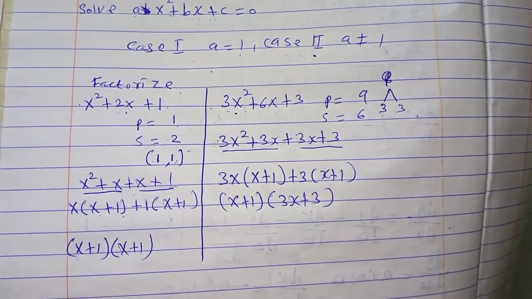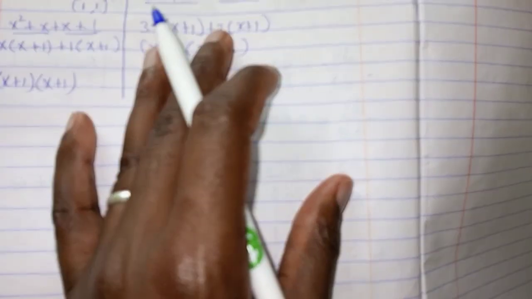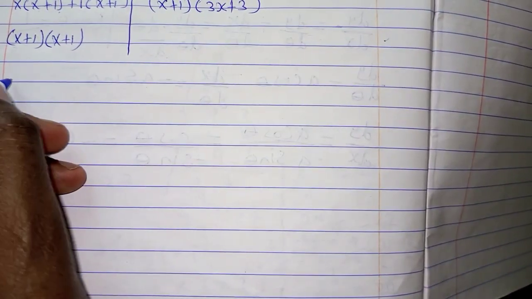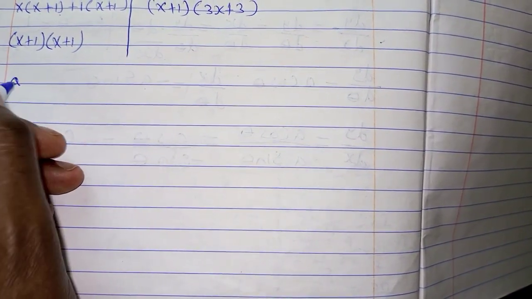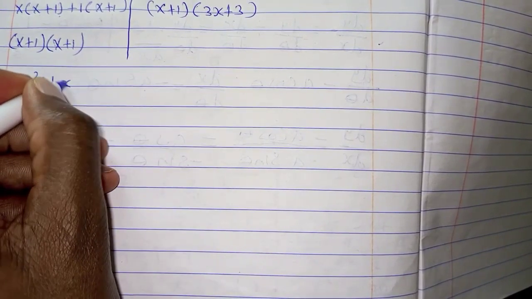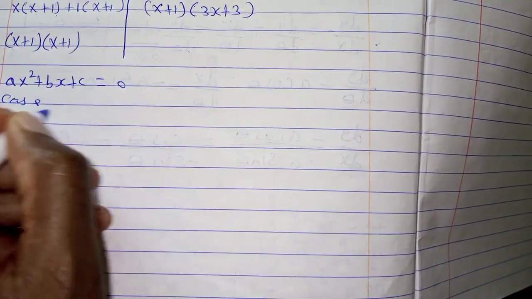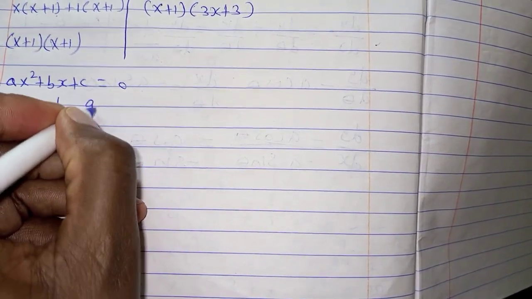So the next thing we are going to do now is see how we solve the quadratic equation. The next thing we want to look at is solving the quadratic equation of this form: ax squared plus bx plus c is equal to 0. Case 1, we are going to consider where a is equal to 1.